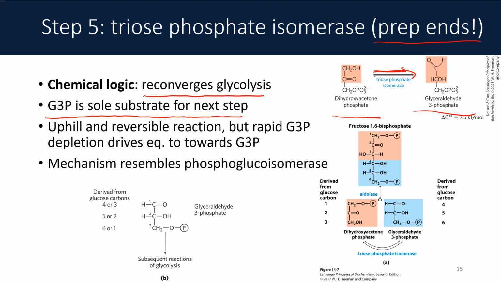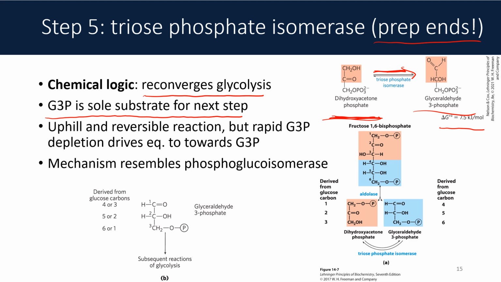This, however, has its own set of challenges because the 5th step reaction is a little bit unfavorable. It has a positive delta G of 7.5 kilojoules per mole, which isn't nothing. So equilibrium is actually going to favor the formation of DHAP, dihydroxyacetone phosphate. However, we have a trick up our sleeves.